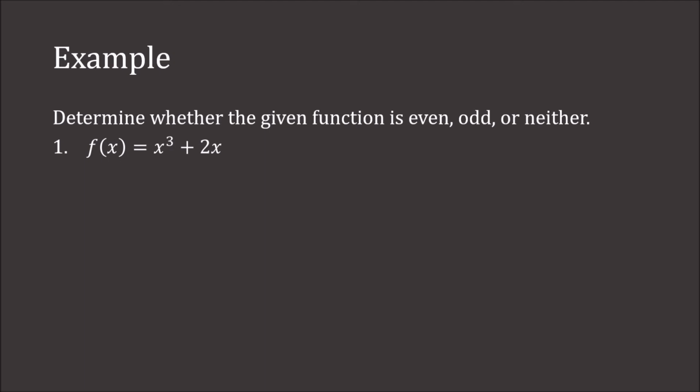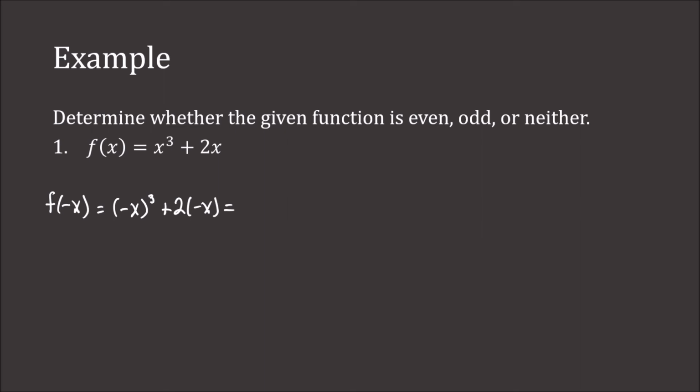So let's determine whether the given function is even, odd, or neither. To determine which one it is algebraically, we want to take f of negative x. So we'll get negative x to the third power plus 2 times negative x. Right?